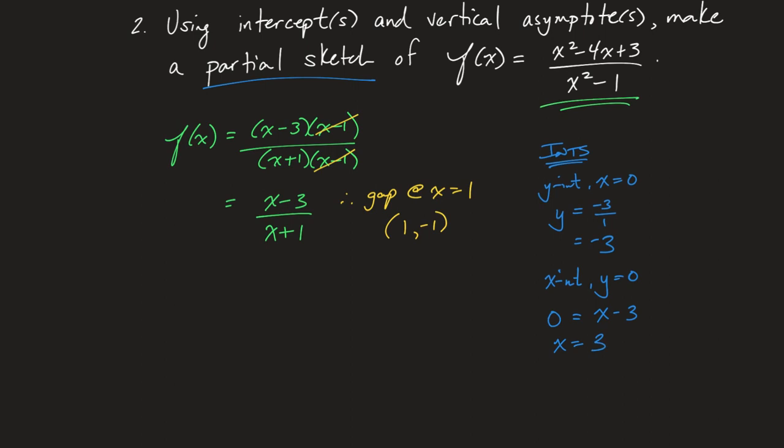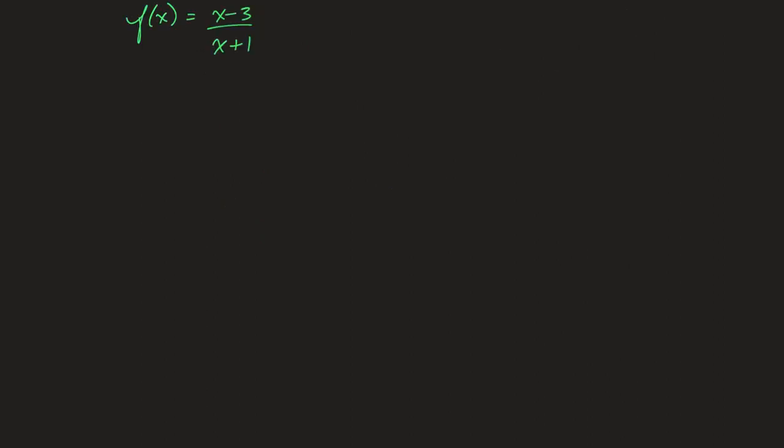Okay. What I found then is my graph has a y-intercept at negative 3 and an x-intercept at 3. Now we're going to jump in and deal with our vertical asymptotes. What you see in the top left of your screen is our simplified form for that function. I would put down another little heading, just VA, vertical asymptotes.